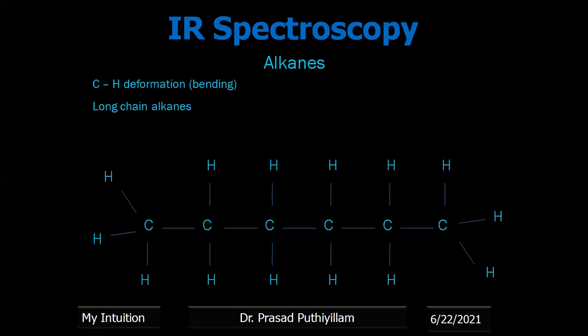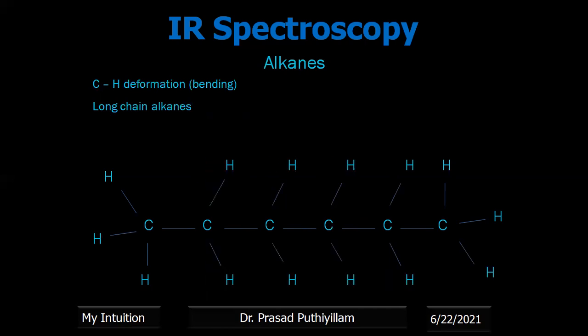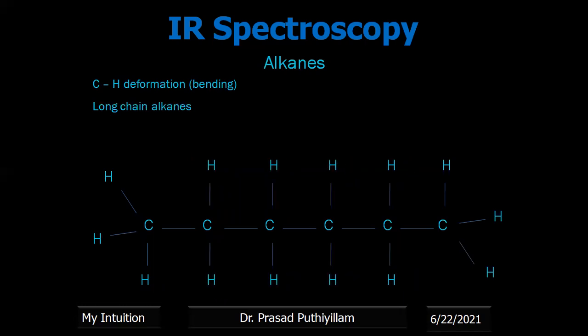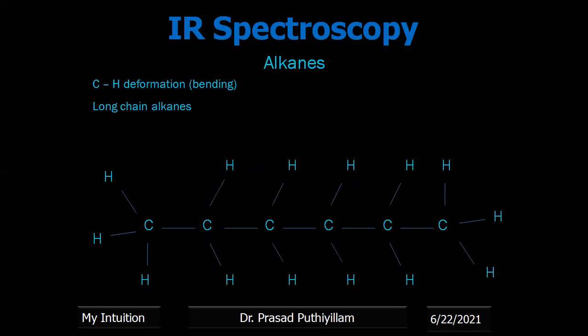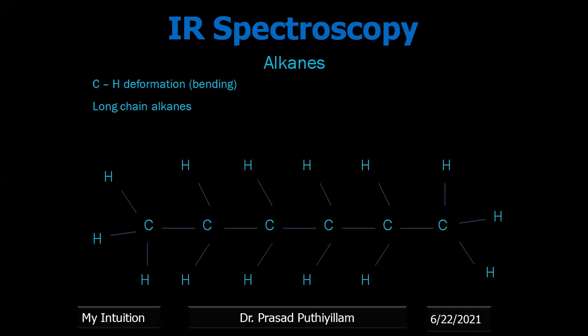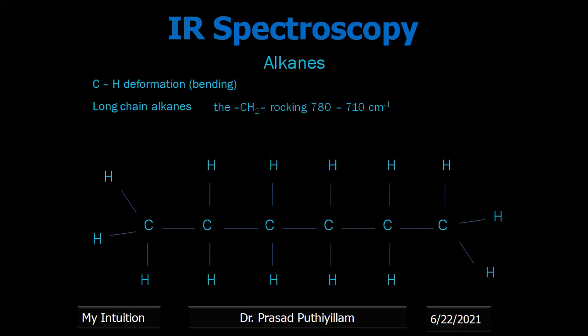Now, if it is a long chain alkane, a little bit long chain, represented by 1, 2, 3, 4, 5, 6 carbon atoms, I took a hexane molecule to represent a long chain. Usually, if more than 8 carbons are present, we consider it a long chain alkane. In such molecules, one interesting type of deformation or bending is the rocking vibration, that is CH2 rocking.